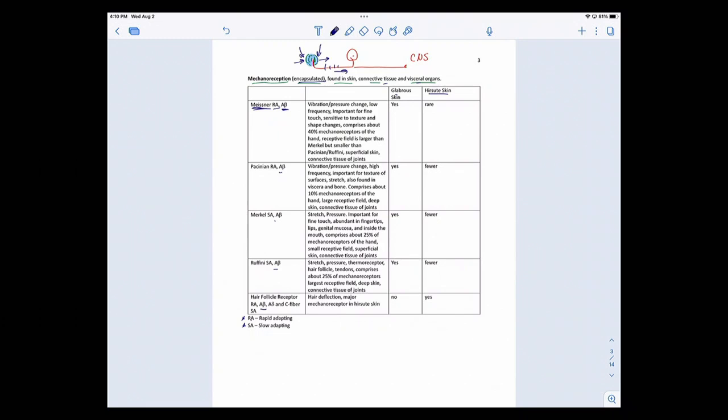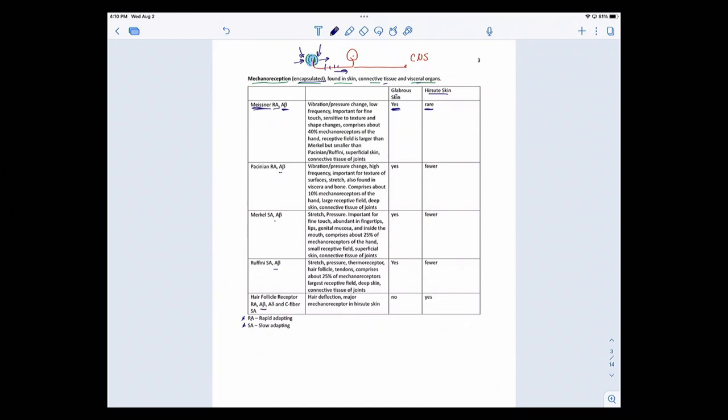And so the receptors in glabrous skin versus hirsute skin are very, very different. When it comes to Meissner's, glabrous skin has lots and lots of Meissner corpuscles. Rarely will you find a Meissner corpuscle in hirsute or hairy skin. Not to say it's not possible, but dominantly it's going to be found in glabrous skin.